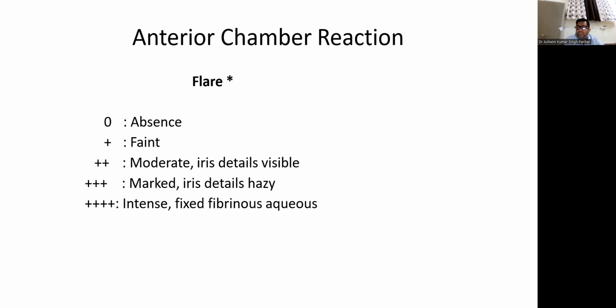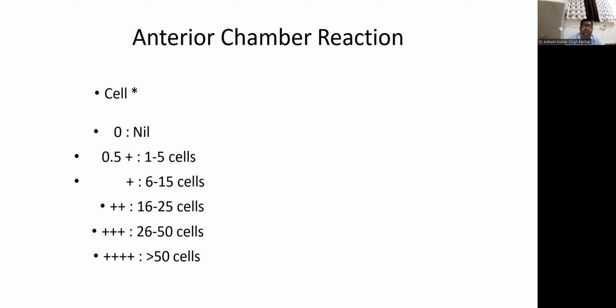So to make the diagnosis on slit lamp examination, we should assess how many cells and how much flare there is, according to the Standardization of Uveitis Nomenclature committee. This is the grading for the flare, which extends from 0 to +4. In the same way goes the reaction.